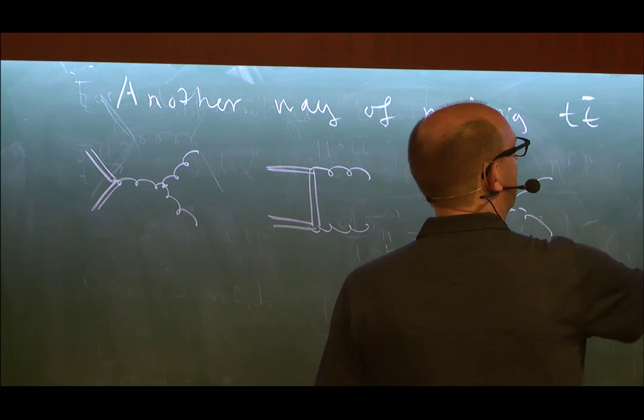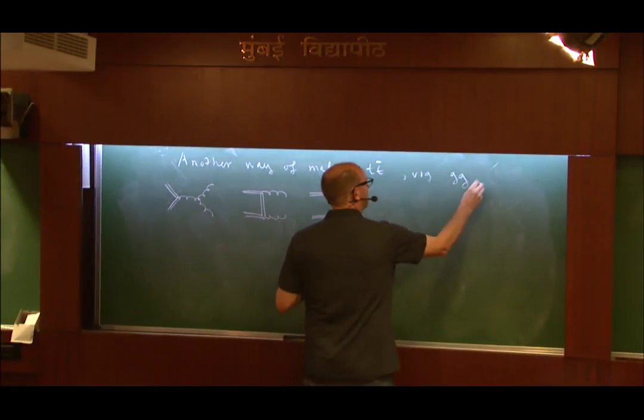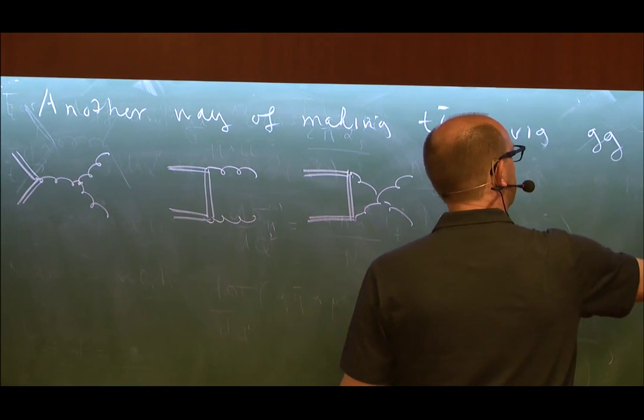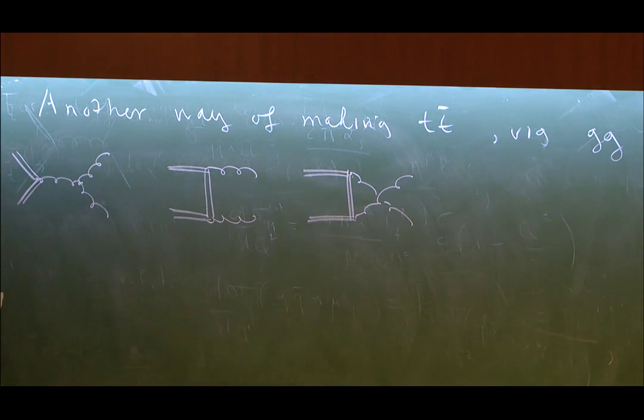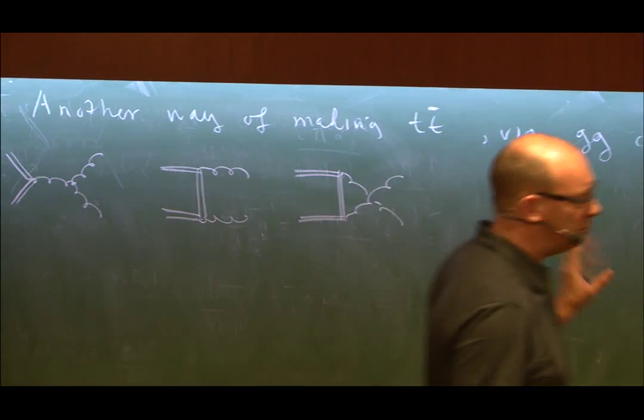Via GG collisions, this is a bit of a longer formula. I will give it once, and then we can discuss it a little bit. The reason I'm giving it is also because you think, well, that's the nicest ones, so don't bother about something a bit more complicated.